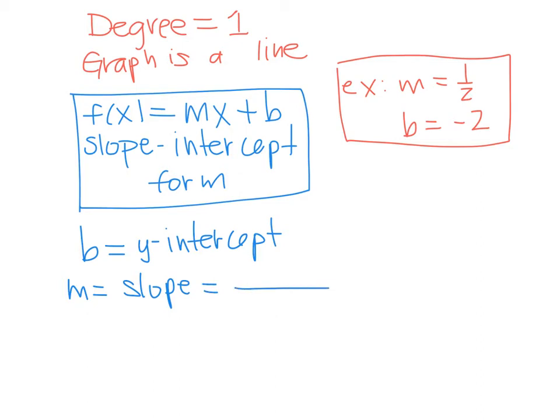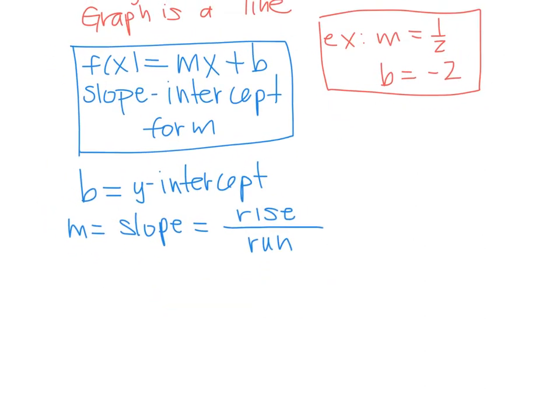A really common definition is the rise over the run. Another way that we can define that is the rise is the vertical change that the line makes, so that's going to be the change in the y-coordinate. The run is the horizontal change, so that's going to be the change in x.